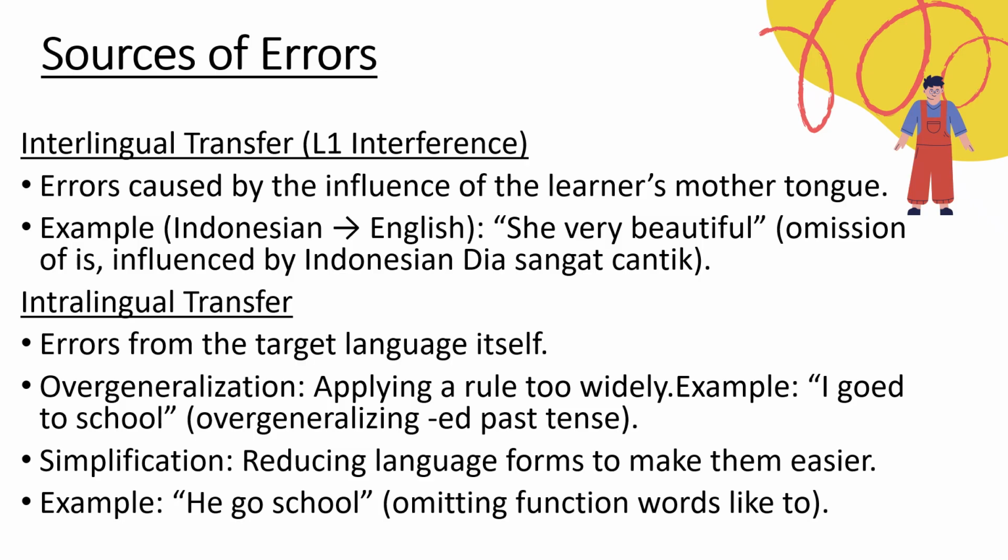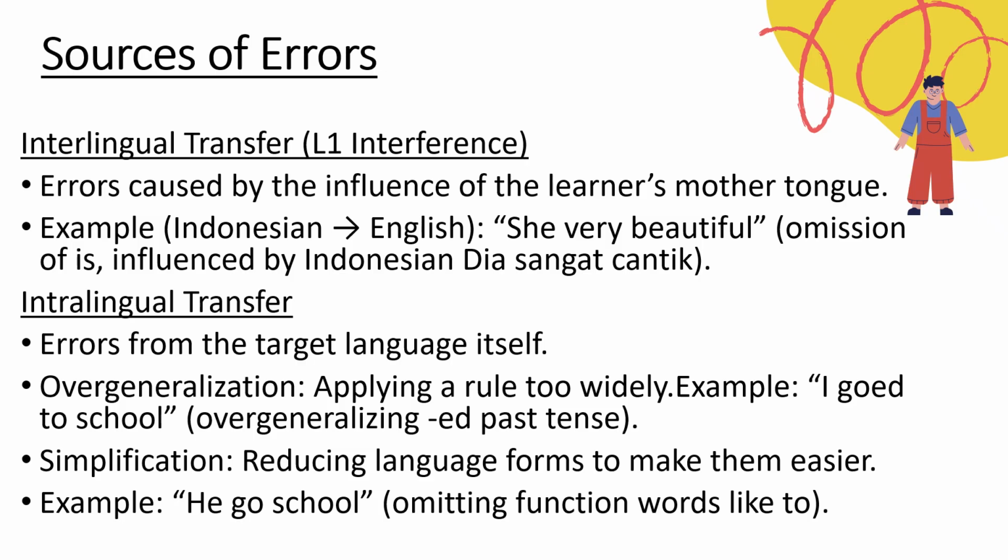Or in terms of simplification, like in Indonesian, right? We reduce things that we don't need and we just omit them to make them easier for us to say or for us to write. Like in English, when we want to say dia pergi ke sekolah, we have to say it as he goes to school.